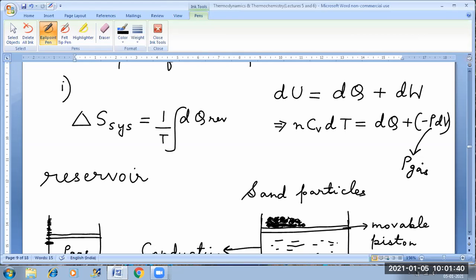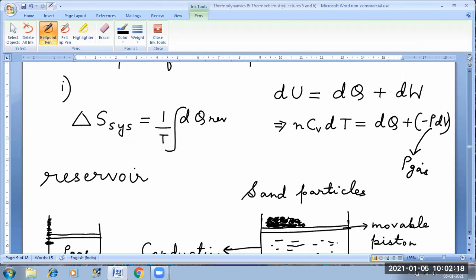But because the pressure of the sand particles is the same as the pressure of the gas, I am taking it equal to the pressure of the gas inside. This is only possible because it is a reversible process, so at each and every point equilibrium is maintained.